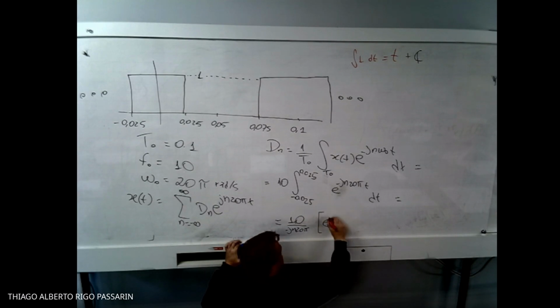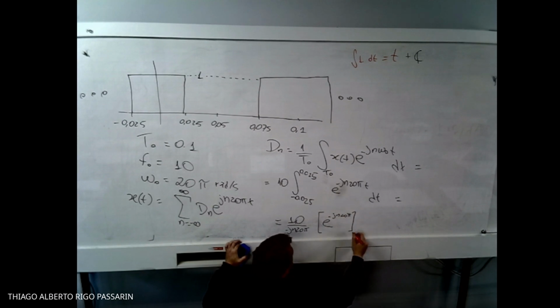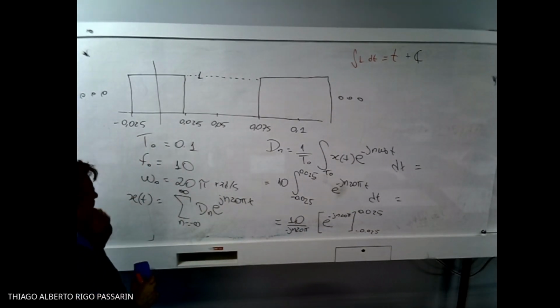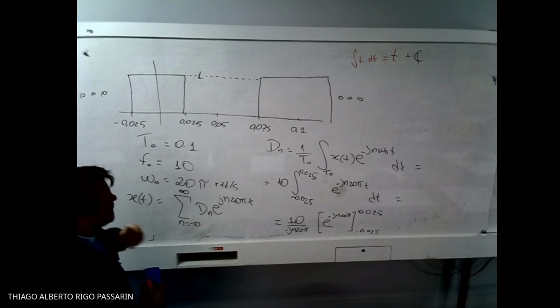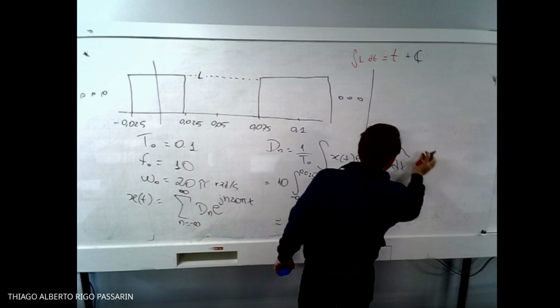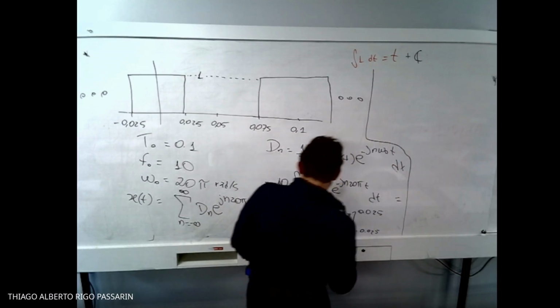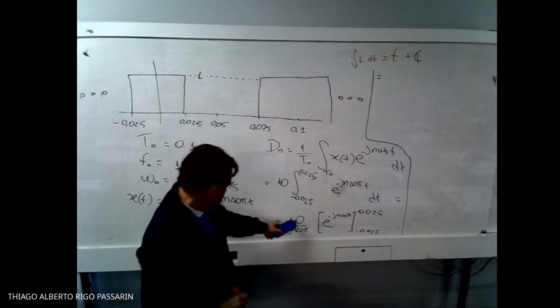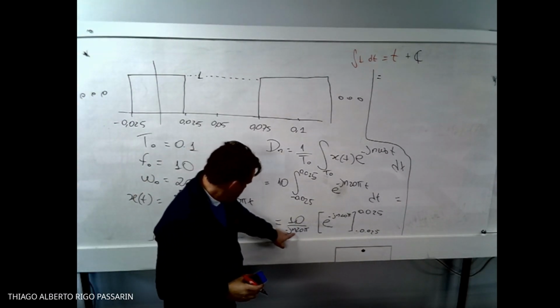Now the same exponential, and now this goes from this to this. We ran out of space, so we can continue here. Ten per 20, I have just 2 down here.